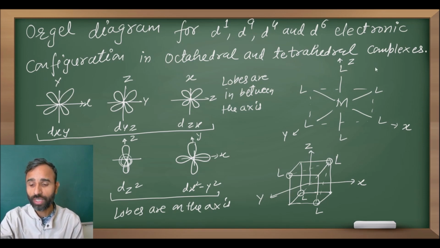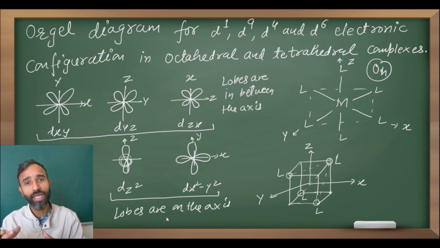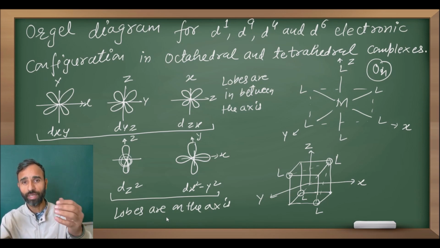So in octahedral arrangement, ligands are on the axis. So the lobes of the d orbitals which are head on to the ligands, they feel more repulsion, because ligands have electrons, orbitals have electrons. So when they are head on to each other, they repel more.